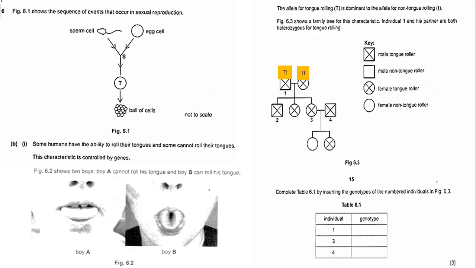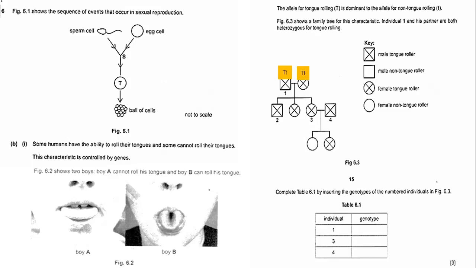Now he's asking you to complete table 6.1 by inserting the genotypes of the numbered individuals in figure 6.3. So please make sure you read the names of the figures to know where you are looking. So now he's asking you about individual 1.